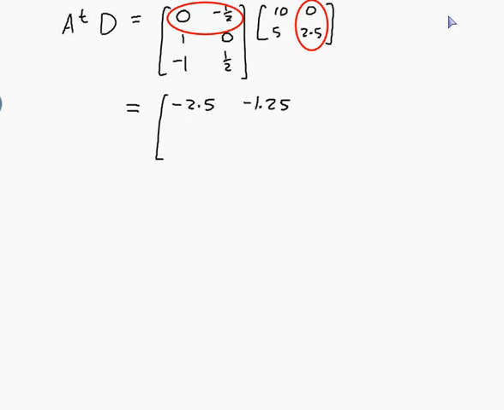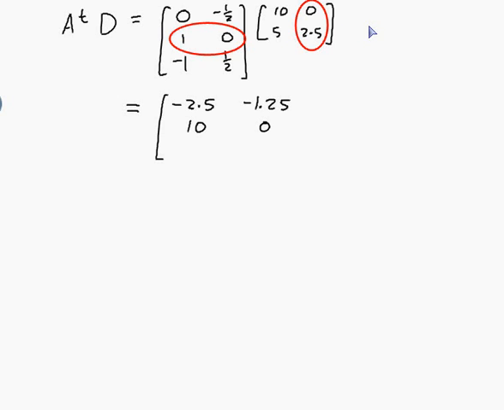Okay, and now I would move on to the second row of A transpose and back to the first column. So 1 times 10 is 10. And 0 times 5 is 0, so we get 10. And then I would move on to the second column. So 1 times 0 is 0, 0 times 2.5 is 0.